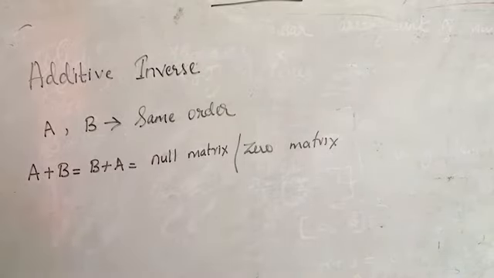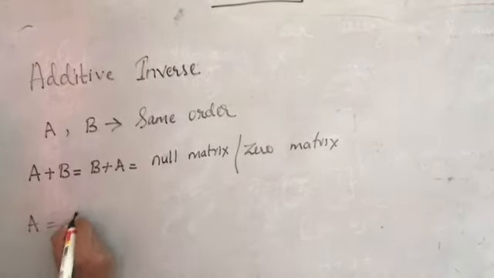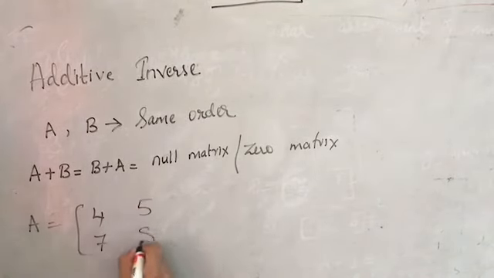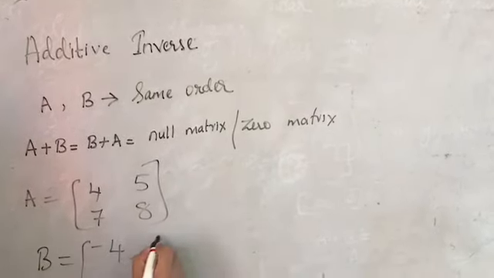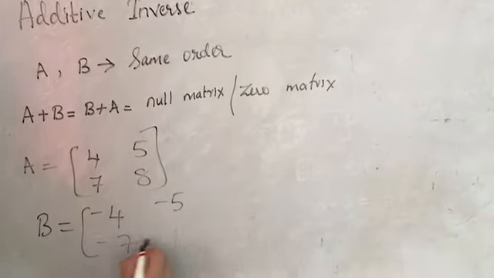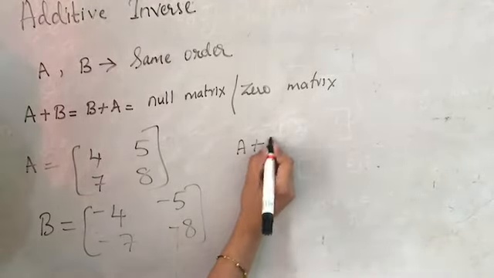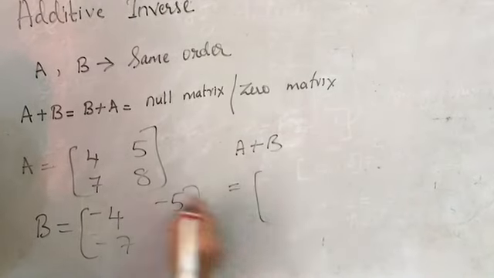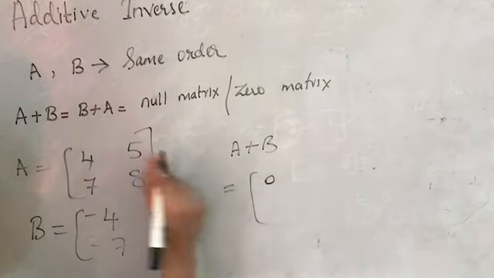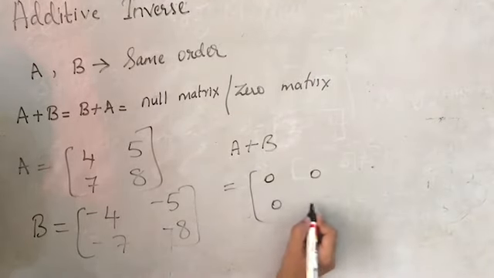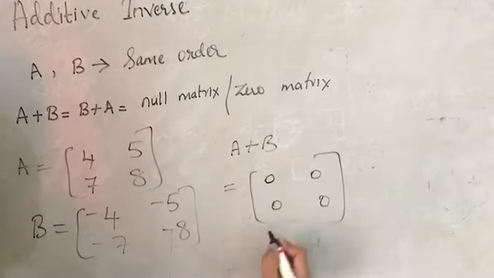For example, if A equals 4, 5, 7, 8, this is a matrix, and B equals minus 4, minus 5, minus 7, minus 8, what do we get? A plus B equals: 4 minus 4 gives you 0, 5 minus 5 gives you 0, 7 minus 7 gives you 0, 8 minus 8 gives you 0.